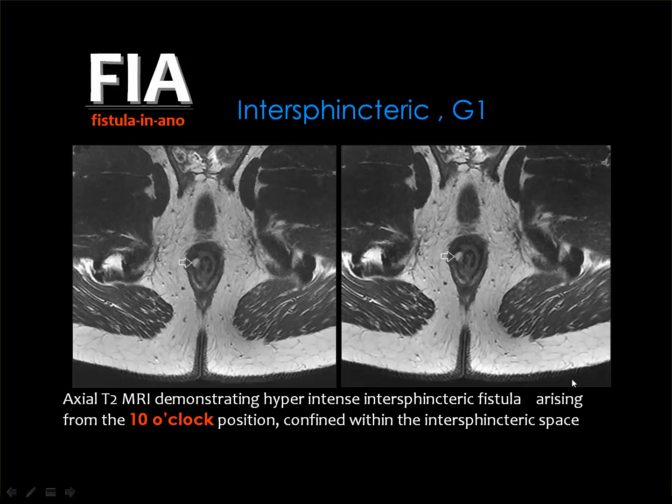Then you say that the internal opening is about 10 o'clock position, and you do not mention the external opening using the anal clock. After you identify the internal and external openings and the relation of the fistula to the sphincters, go to the coronal T2 weighted image so that you can see the track of the fistula, and you measure the distance between the internal and the external opening.